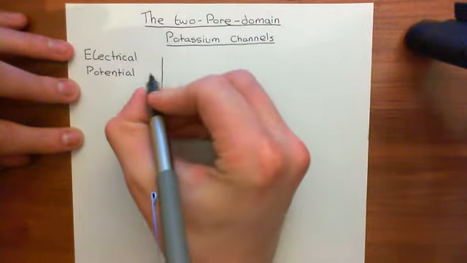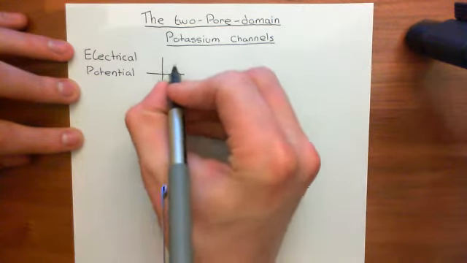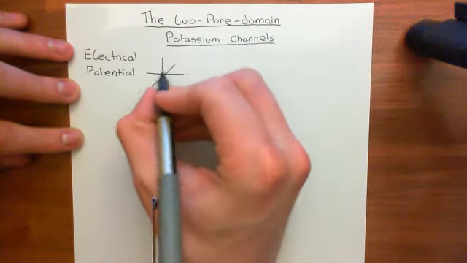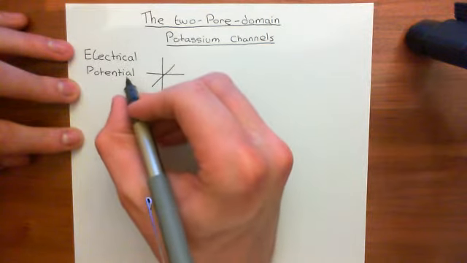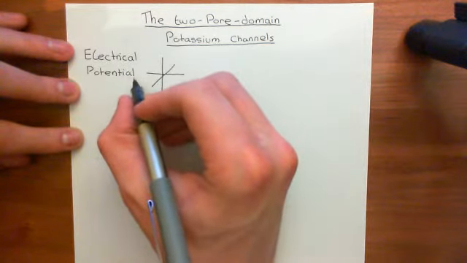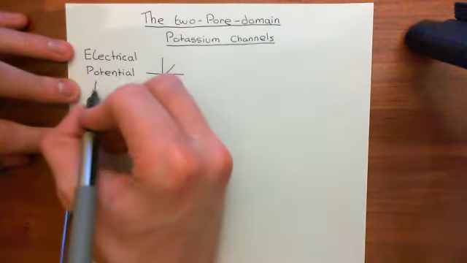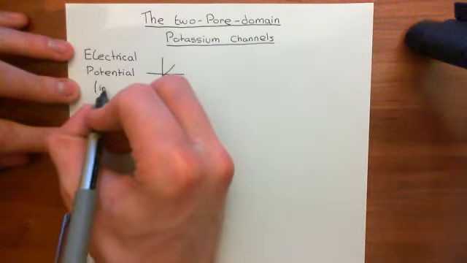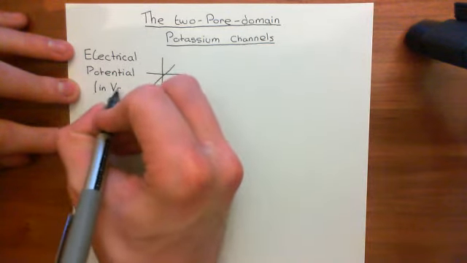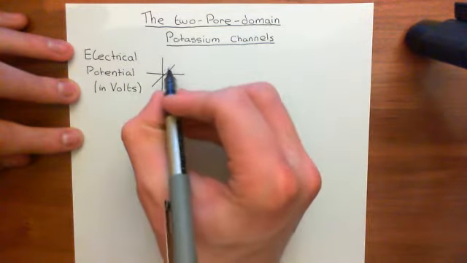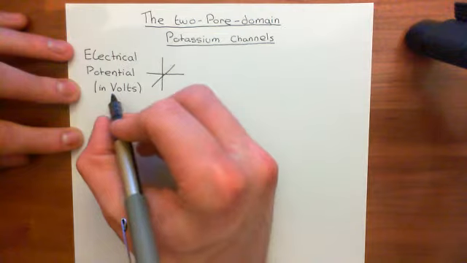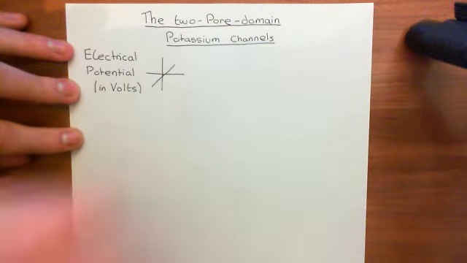Let me just draw a little three-dimensional graph here. Every point in three-dimensional space is going to be given an electrical potential, which is this real number, and the units of electrical potential are volts.